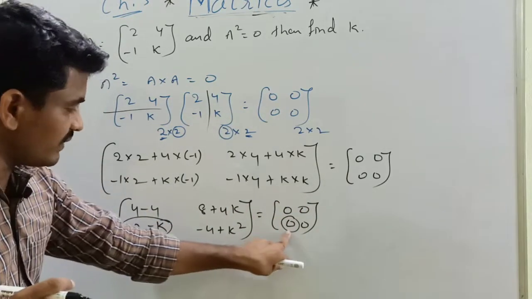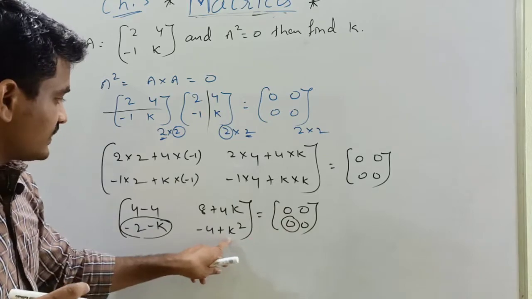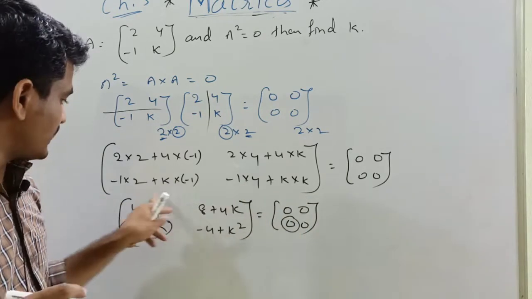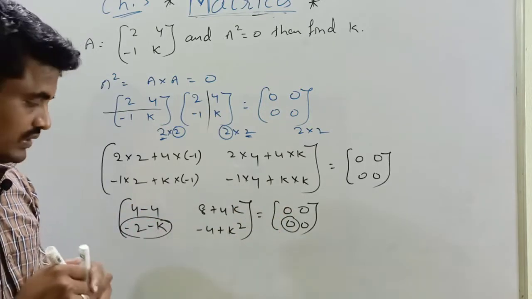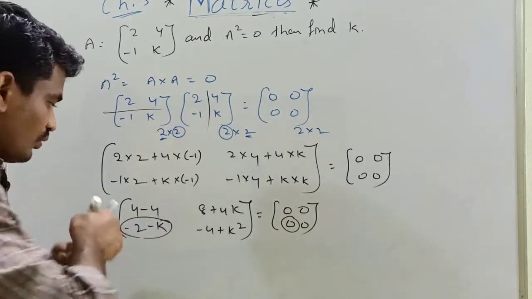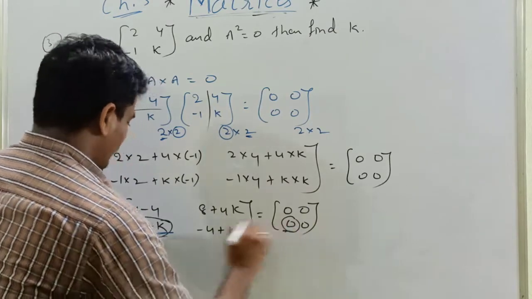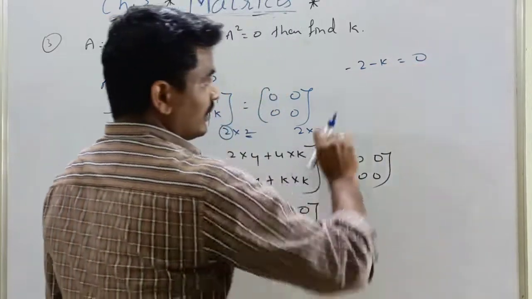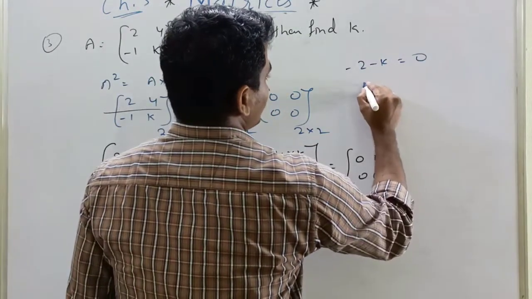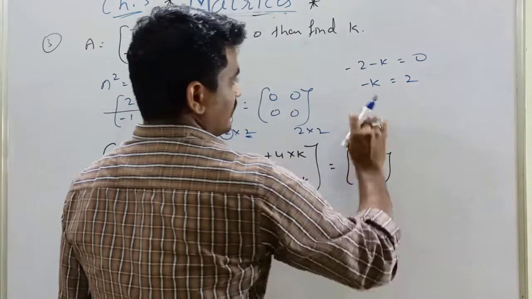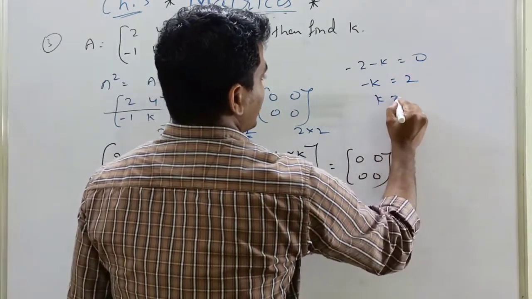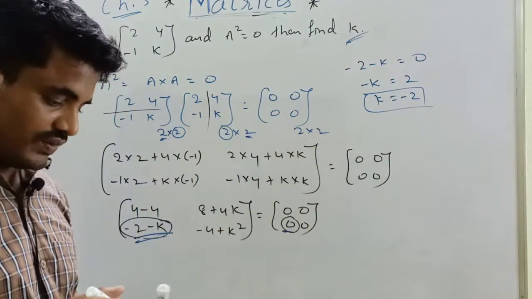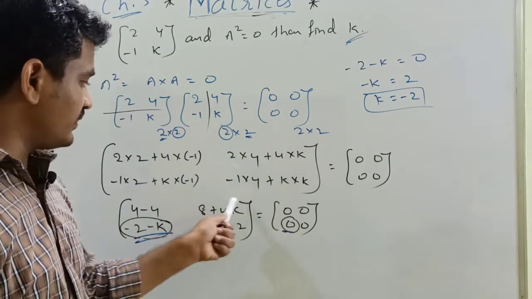I am going to compare these two elements: minus 2 minus k equals 0. Sending minus 2 to the right side, minus k equals plus 2. Sending the minus to the right side, k equals minus 2. This is the required value of k, minus 2.